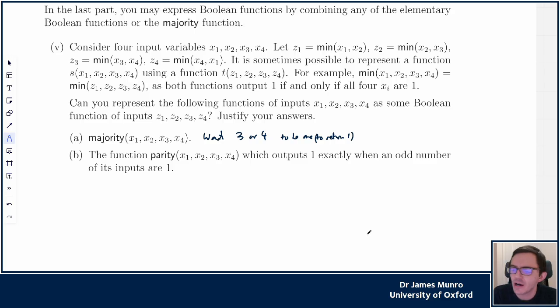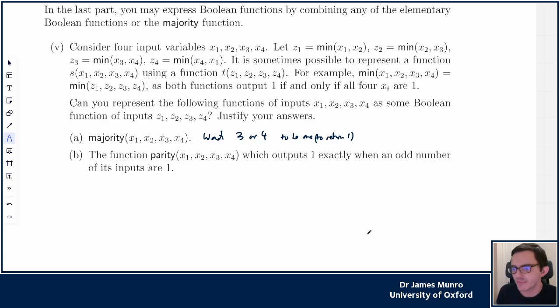So, goodness. If all 4 of them are 1, I'm not going to worry. They're all 1. The z's will all be 1, and probably the function that I write down will just be okay with that, and it will return 1. Now I want to think about having 3 of them. So I suppose I could do something like I did before and look at what happens in the different cases.